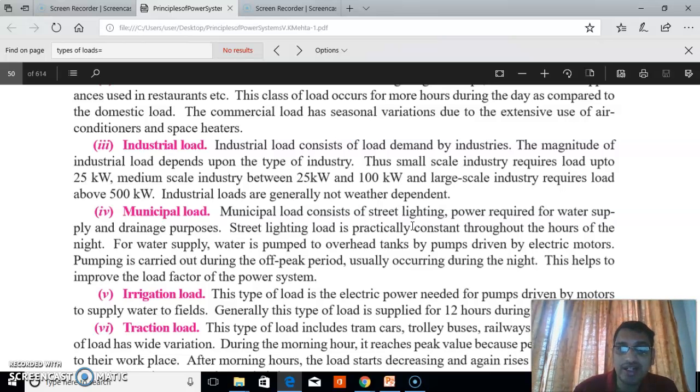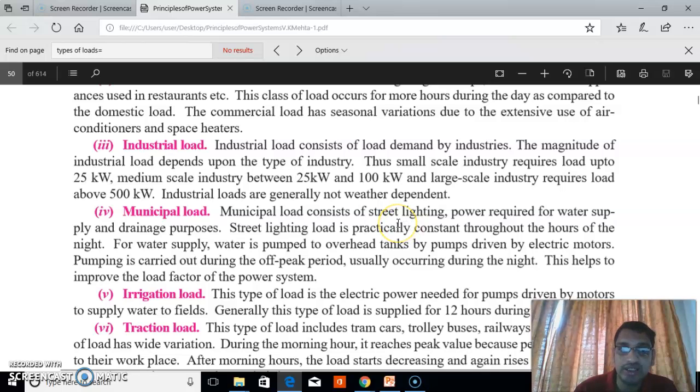The street lighting load is practically constant throughout the night time. For example, the street light is turned on at 6 p.m. and works up to 6 a.m. of the next day. Throughout the night time, these lights are constantly turned on. So that is municipal load.